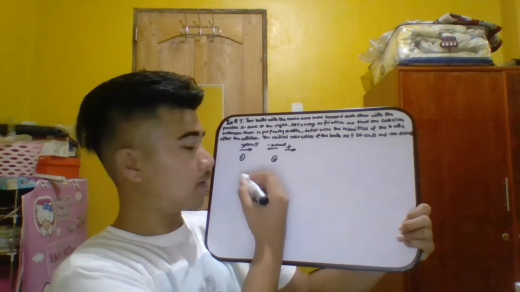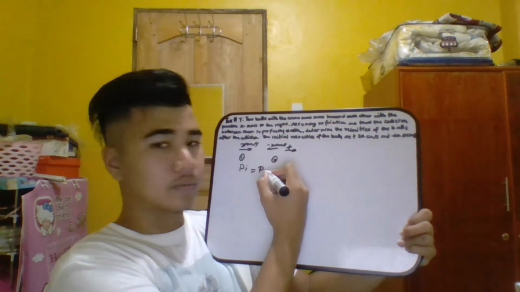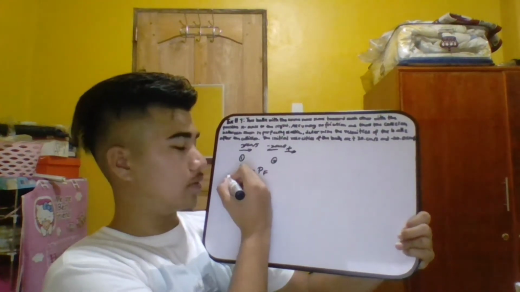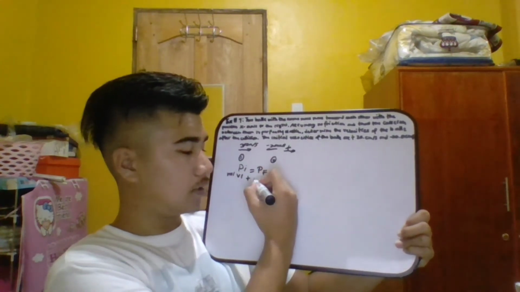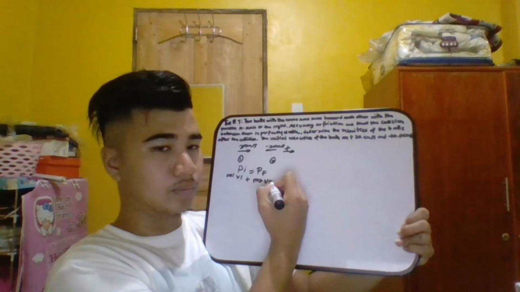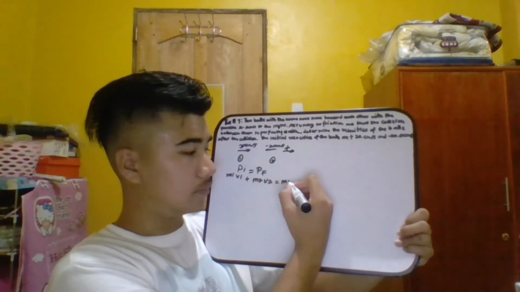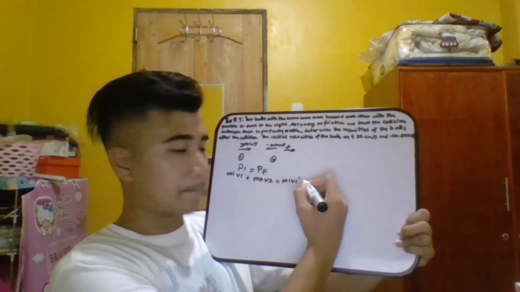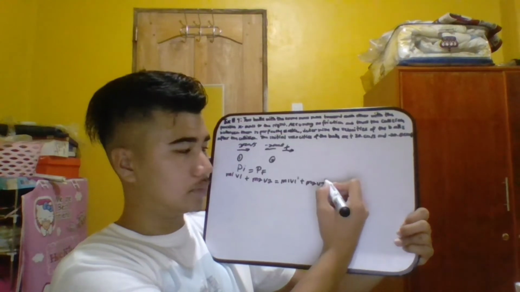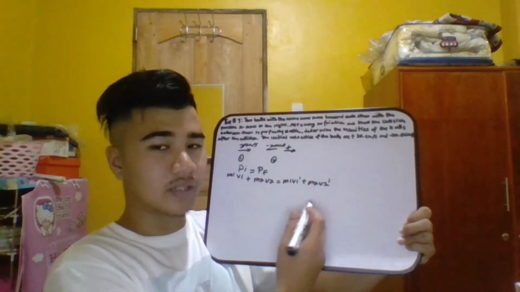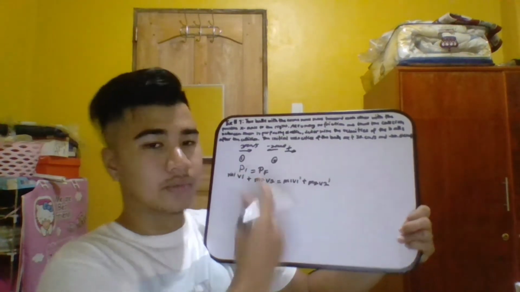So initial momentum is equal to final momentum: m1 v1 plus m2 v2 equals m1 v1 prime plus m2 v2 prime. We can cancel out their masses since they are equal.